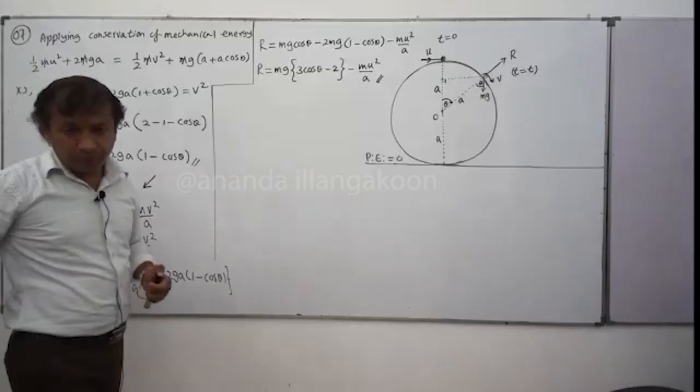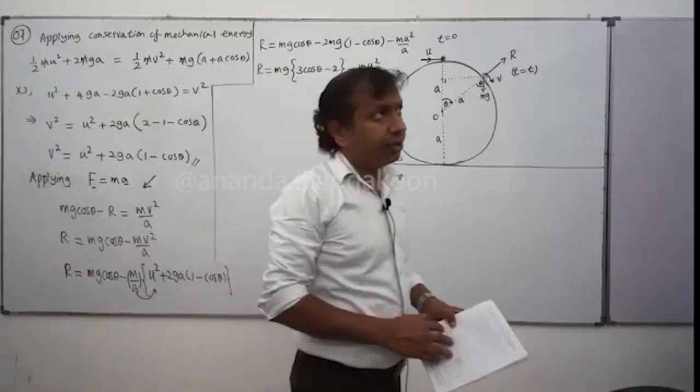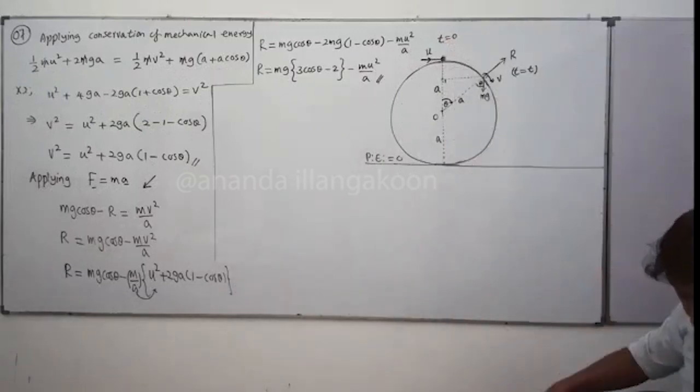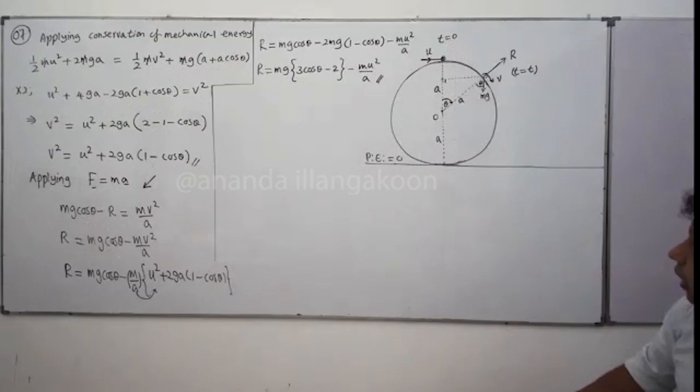Now, a question is asking this way. Deduce that if u squared is greater than or equal to ga, the particle leaves the surface at t equals 0.